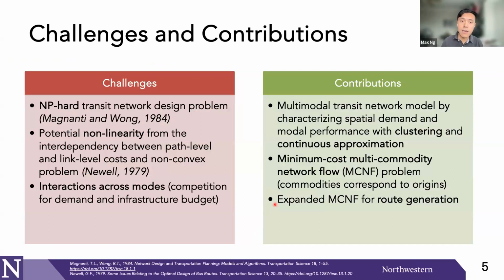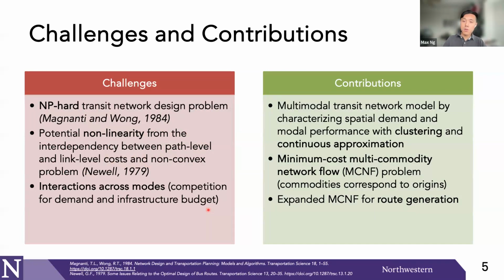So this is actually a classical transit network design problem, which has been proven NP-hard nearly 40 years ago. We also see nonlinearity because we consider both the path level riding cost and also link level costs such as infrastructure investment, whether we want to build a rail from zone I to zone J. And the costs are also non-convex in general.